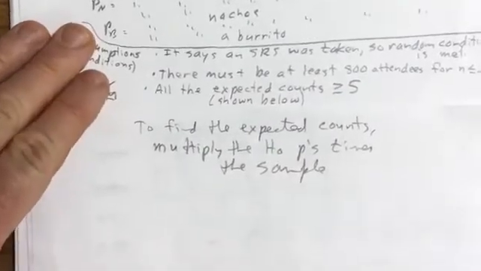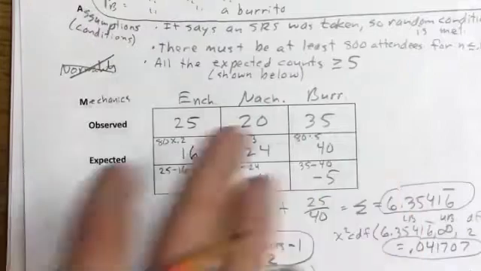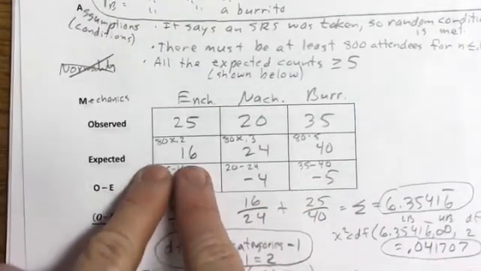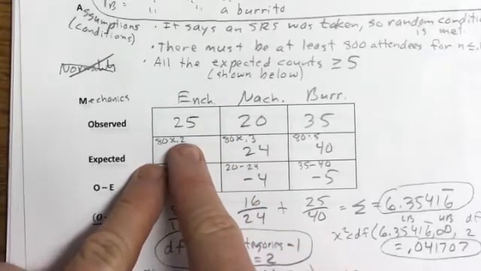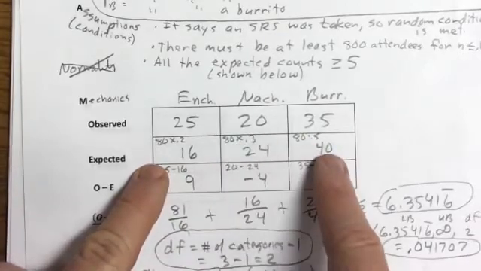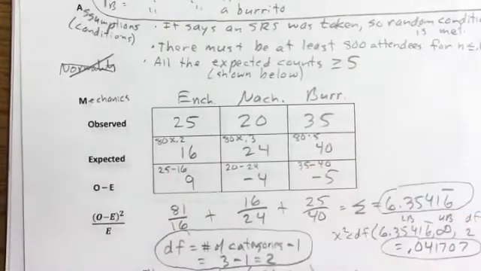And you have to show those somewhere in the problem. Let me show you what this little chart is. Here are the expected counts. The expected count for enchilada is just 80 times 0.2. The expected count for nachos is that, and the expected count for burritos is that. You have to make sure they're shown somewhere, like that.